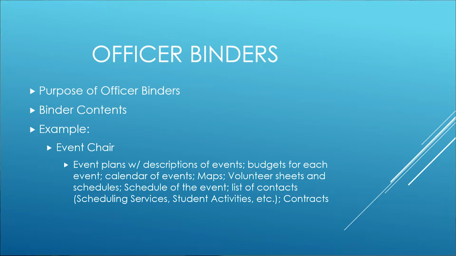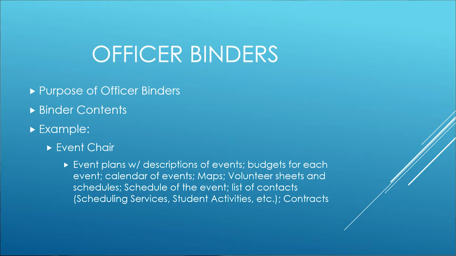Here are some contents we have put together on what you should have in the binder. This binder should really serve almost as an expectation for the officer, whether that be president, vice president, or, as an example, the event chair: here's everything that we did, here are all the documents, but also here are some expectations that you should want to fulfill in your term. Some contents would be an officer manual, whether that be the job responsibilities, and anything in your constitution and bylaws that is the responsibility of the officer.